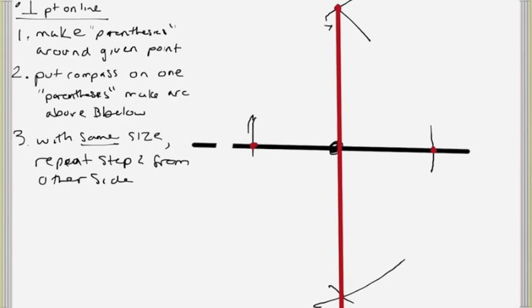I like to have both of them there because then I have three things I'm connecting, so it just kind of verifies that they really are all right in a straight line. Because you can always connect 2 points, but it might not actually be the line we're looking for. So if we have both of the X's there and they both line up with the given point, then that just kind of verifies that we found the right thing.